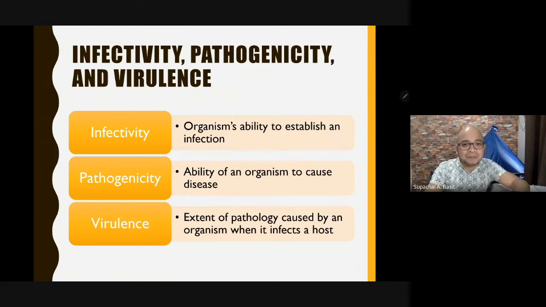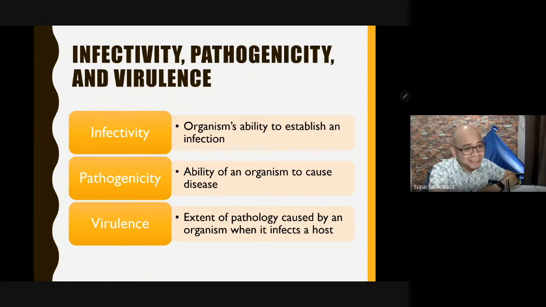Let's define what we mean by infectivity, pathogenicity, and virulence. Infectivity is the ability of the microbes or organisms to establish an infection. Hence, they are pathogenic. Pathogenicity is the ability of an organism to cause a disease.